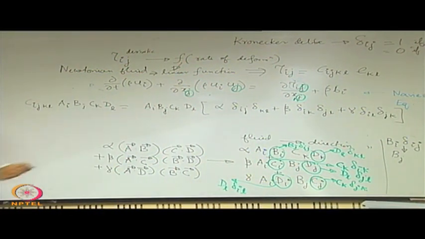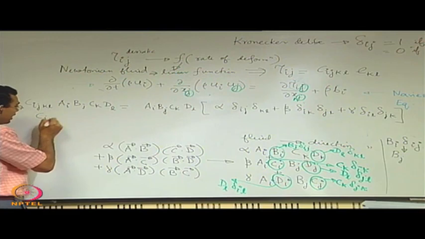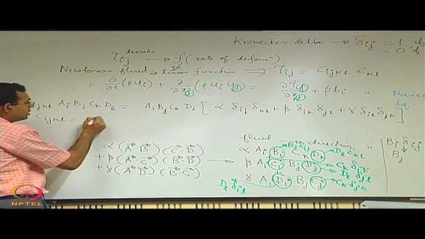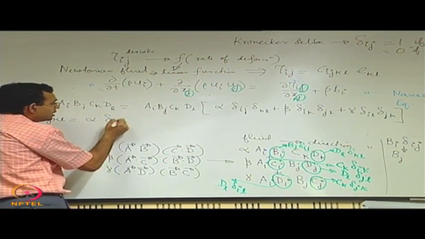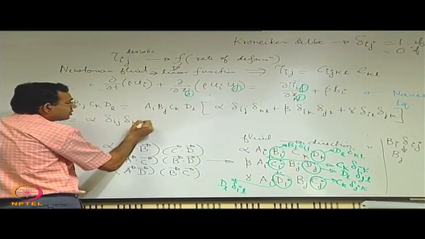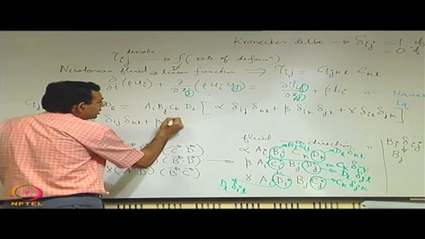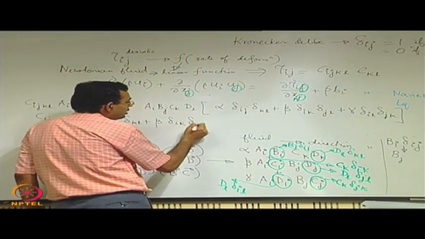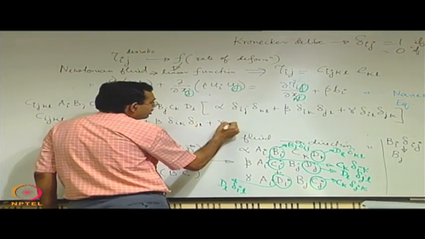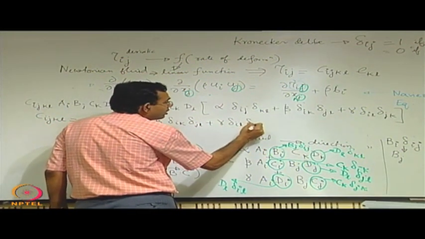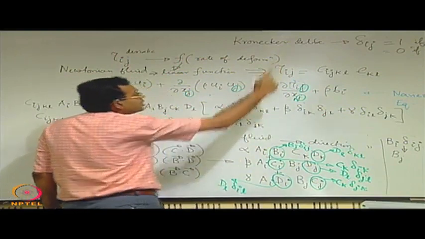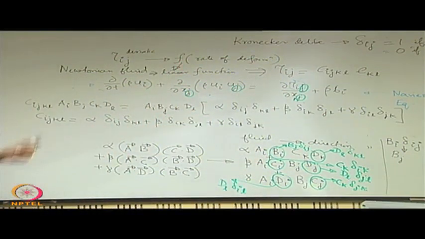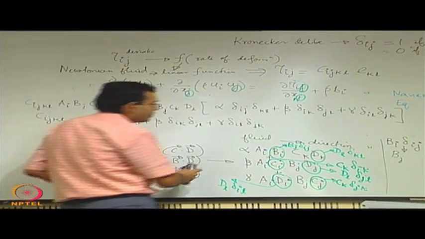So, from here it follows that Cijkl is equal to alpha delta ij delta kl plus beta delta ik delta jl plus gamma delta il delta jk, where delta ij is defined as above.